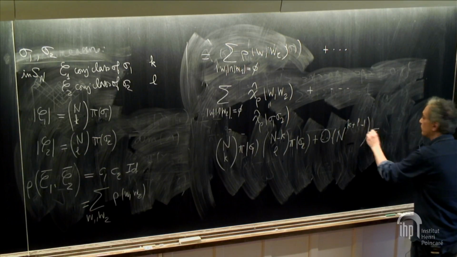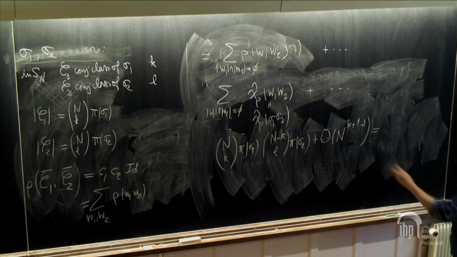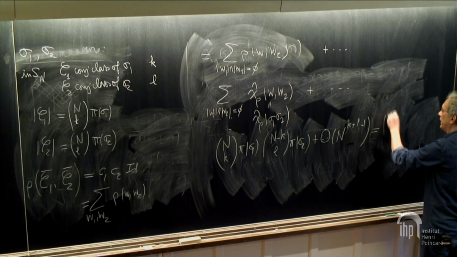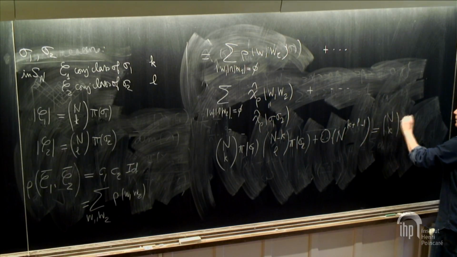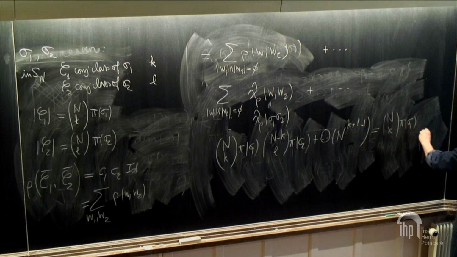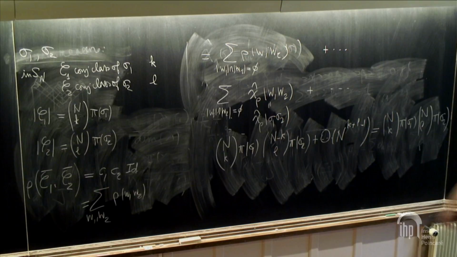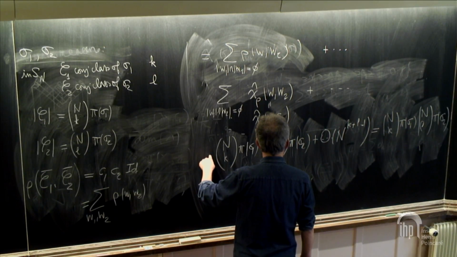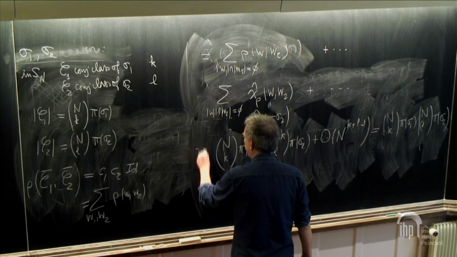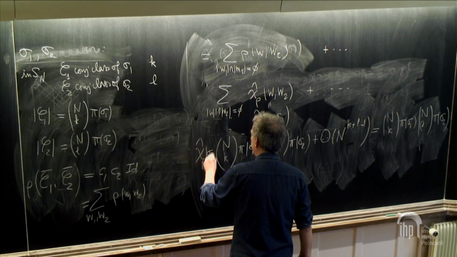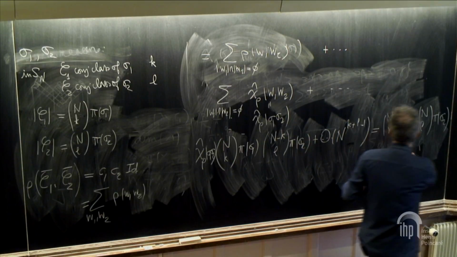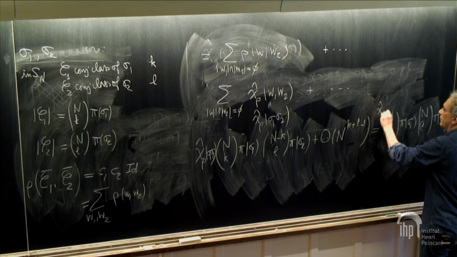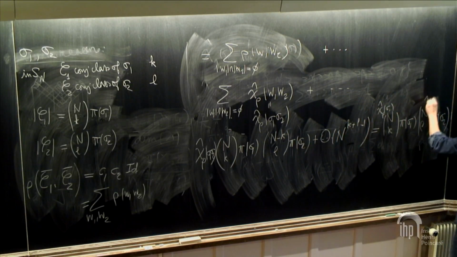And this is equal to the product C1, C2, so it's n^k pi of sigma 1 and n^L pi of sigma 2. And this is multiplied, of course, by rho of sigma 1, sigma 2. And here I have to multiply by k hat of sigma 1.